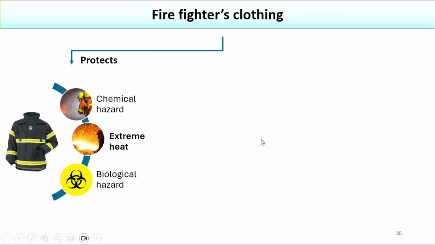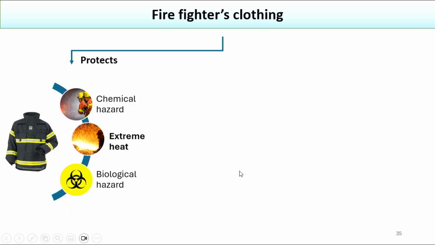So, firefighter clothing protects from different types of threats. Extreme heat is one issue, but chemical hazard or biological hazard may also take place along with it. So, the clothing should protect us from extreme heat along with chemical and biological hazard.